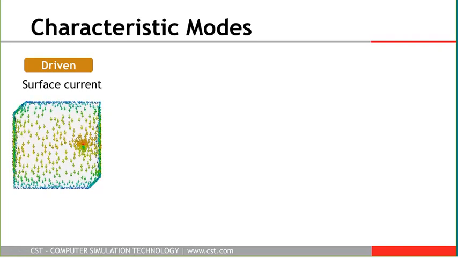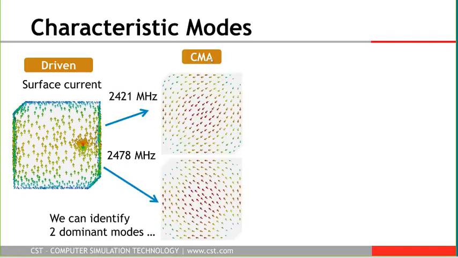But before, there was no tool to get the shape of these fundamental modes, which then create the performance of the antenna. Now we have CMA, so we can identify the distribution of the current for each of these modes. We can identify the resonant frequency of each one of them.